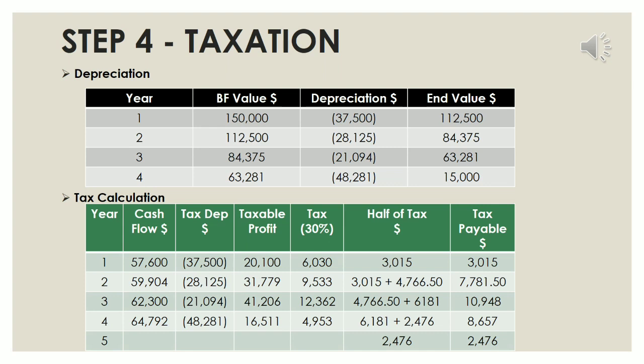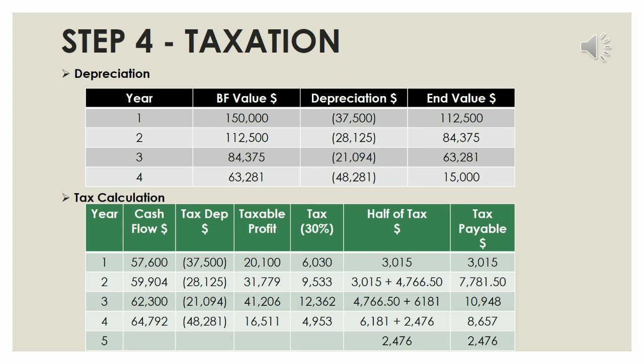So according to the question, we are going to pay half of this $9,533 in the current year with the previous year's half, which is $3,015. So the total tax payable for the second year will be $7,781.5. This process will be carried out like that.